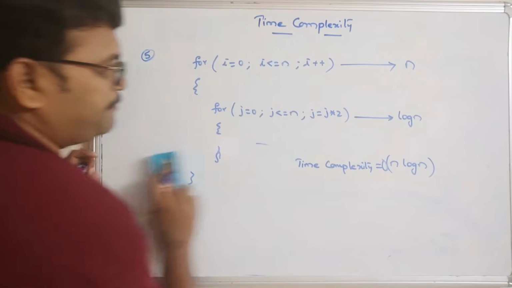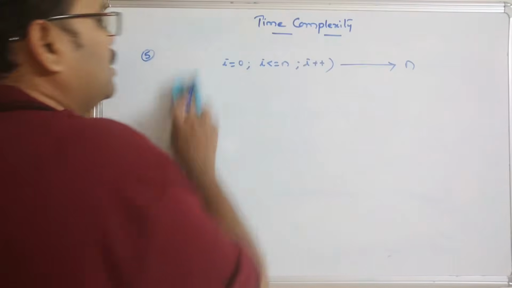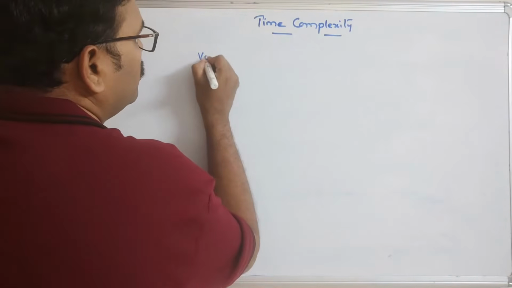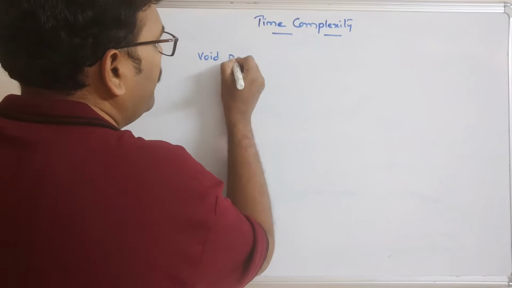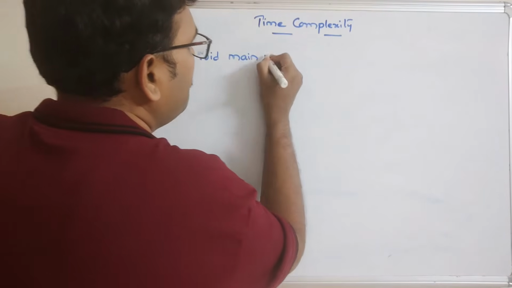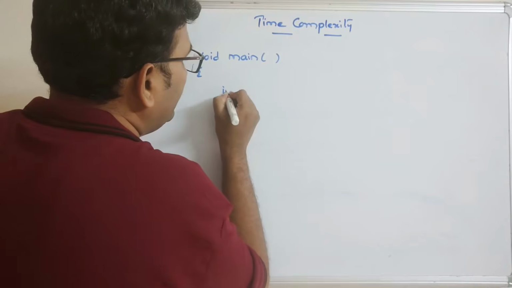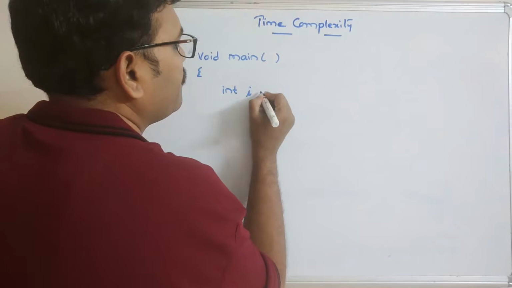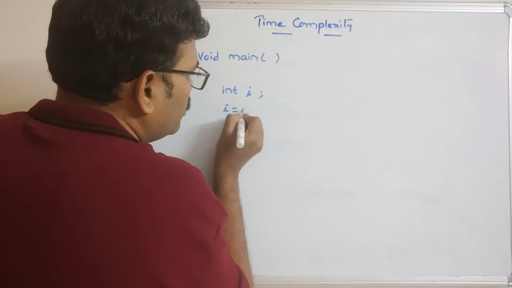Okay, see, last example, I'll close. Let us take void main, int, let us take some i is equal to 0.